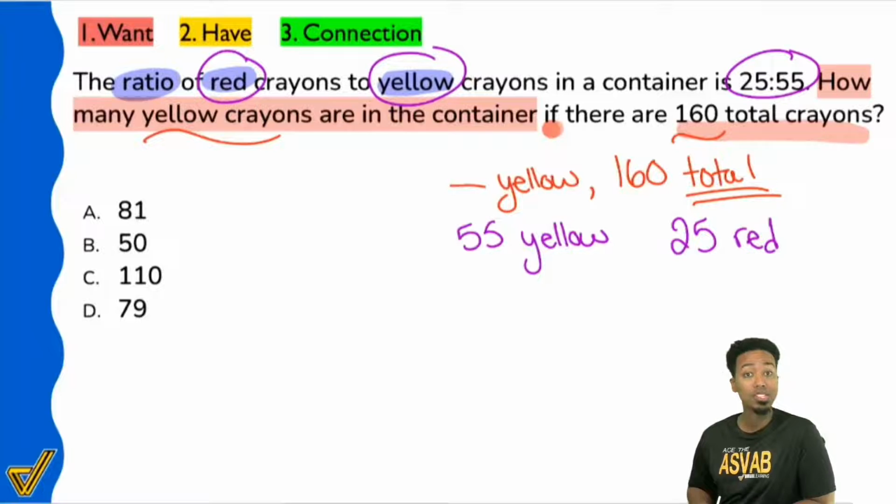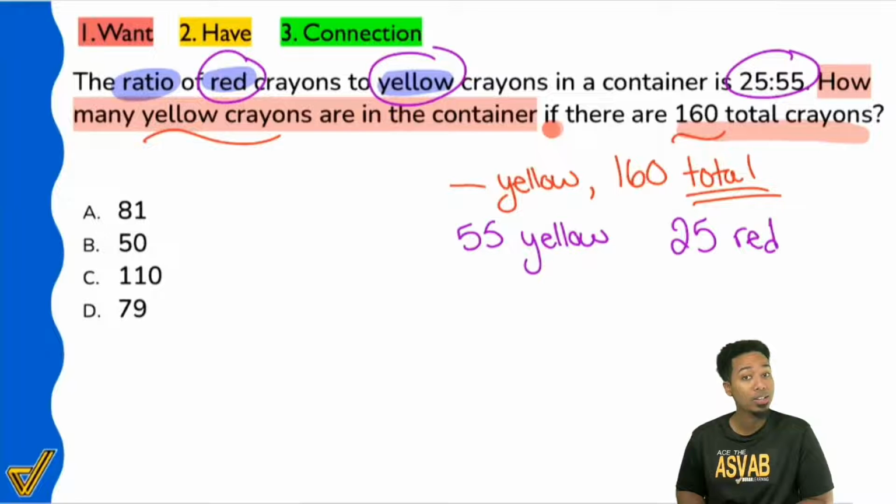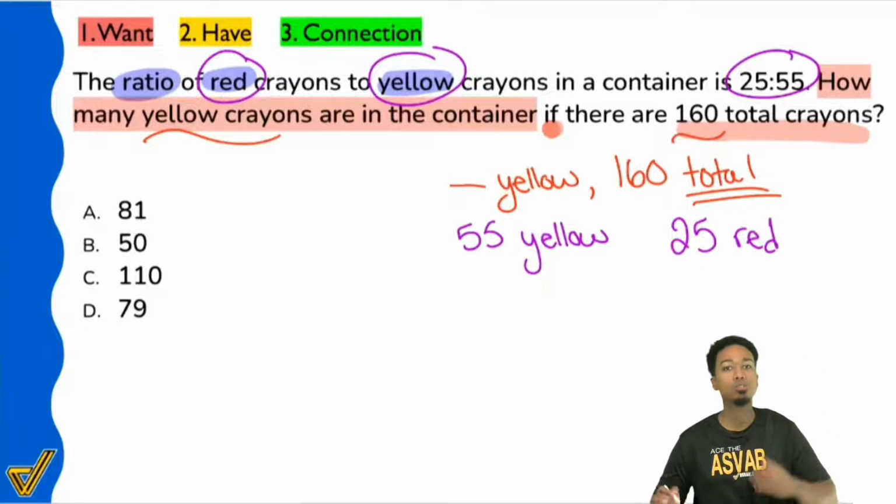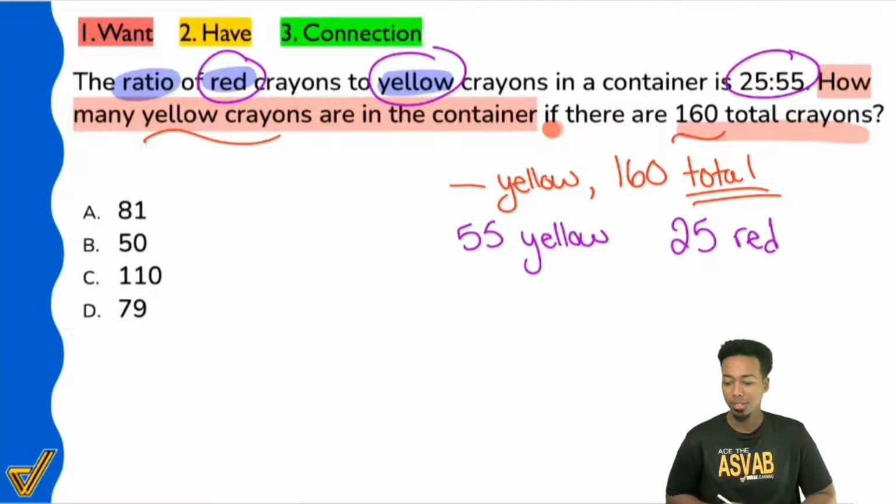Yeah, sure, you might see a number in this answer sheet here, but it's not going to be the correct one, I promise you. The reason is because you're not comparing the same things in the same way. Again, right above me, we have yellow to total. This is yellow to red. Not going to work. Yes or no, does that make sense? Do you understand why that's incorrect?